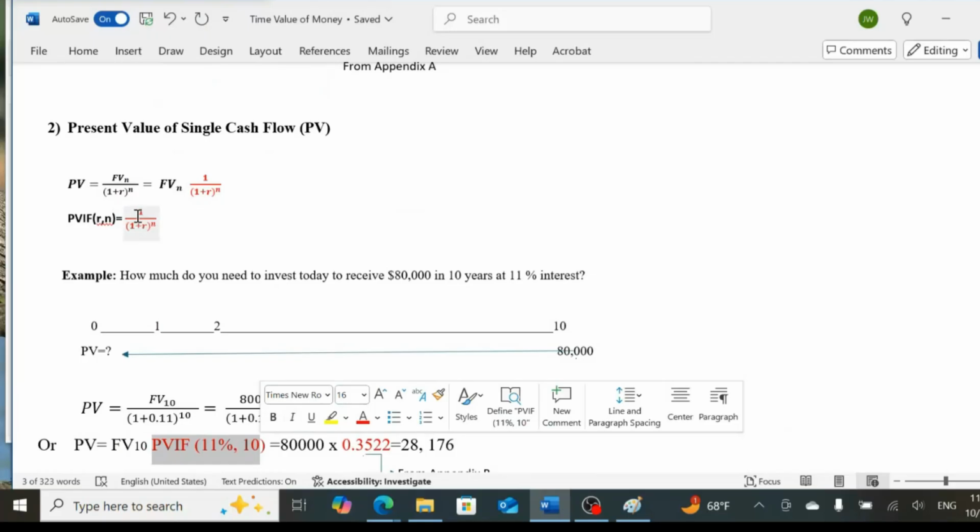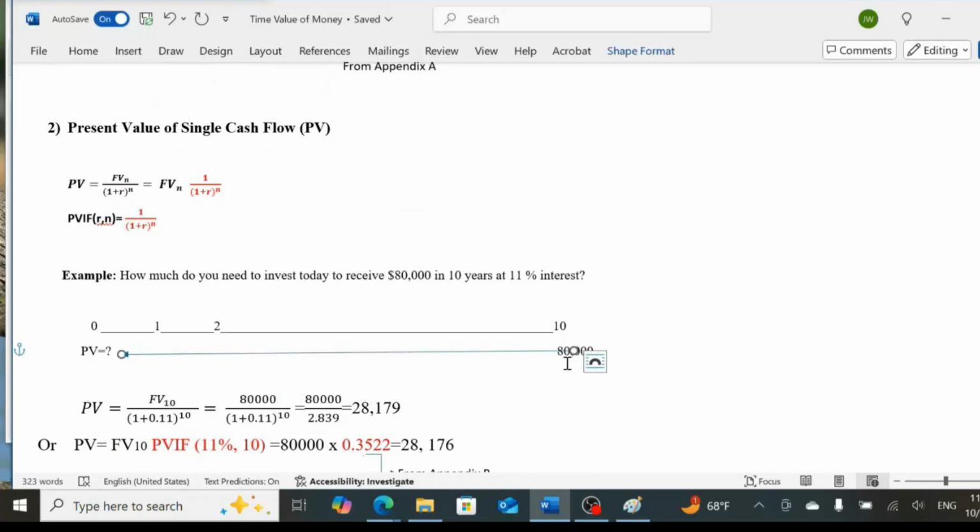We know a dollar today is worth more than a dollar tomorrow. In other words, if you want to convert $1 in the future to today's equivalent amount, it's less than $1. That's why all the numbers are less than 1. So here 0.3522 means if you save 0.3522 today, it will grow to $1 in 10 years.